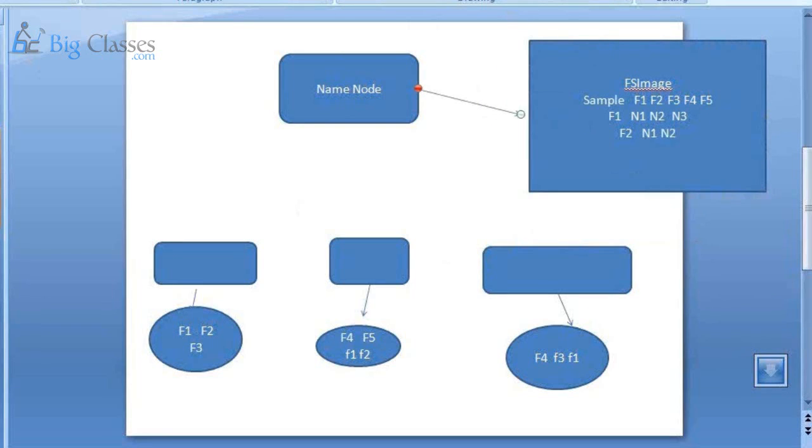Okay, now the question is: how does the name node know that a particular data node has failed? So this is DN1, this is DN2, this is DN3.